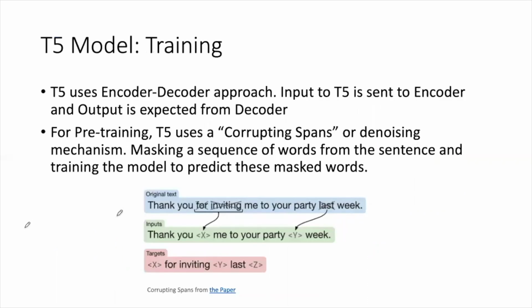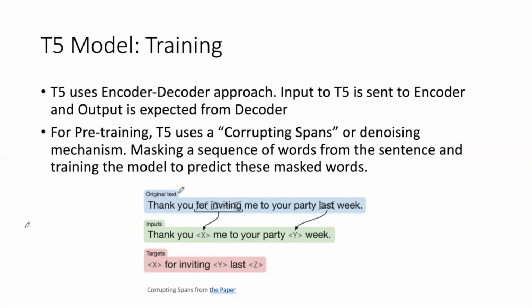The main aspect regarding this T5 model is that pre-training is done on both the encoder and the decoder. The procedure of pre-training is through corrupting spans, a denoising mechanism.